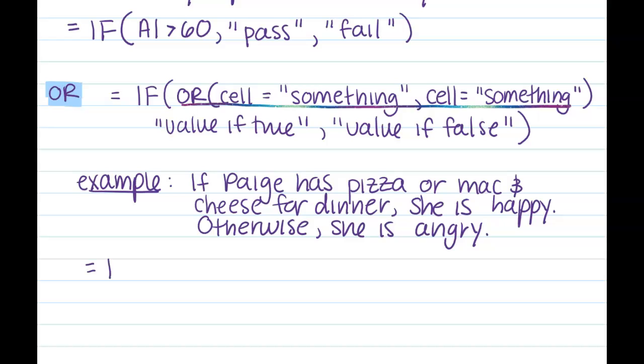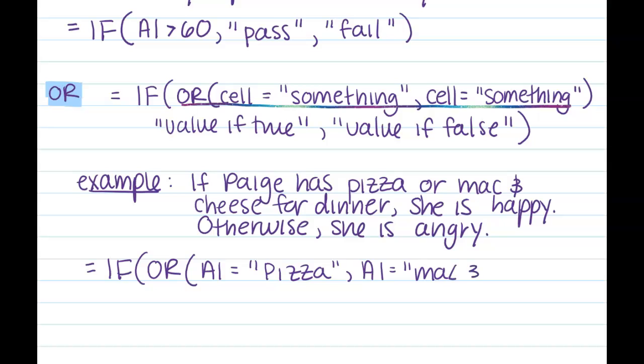So we'll say equals if we have our or to deal with. So A1, again, this could be any cell. I'm just going to say A1 equals pizza, comma, just like our or, A1 equals mac and cheese. Close our parentheses.